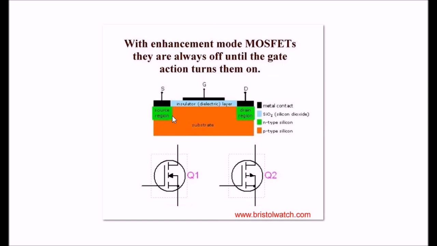When you turn it on and create a conductive region from source to drain, now you've got a gate separated by an insulator, which they even call a dielectric, across a conductive region. So there's what forms your capacitor, and that doesn't count stray inductance and other problems.